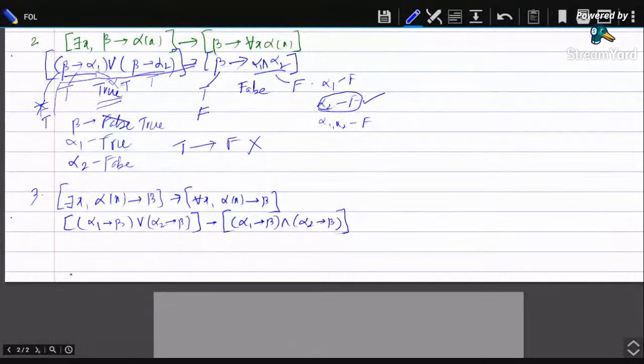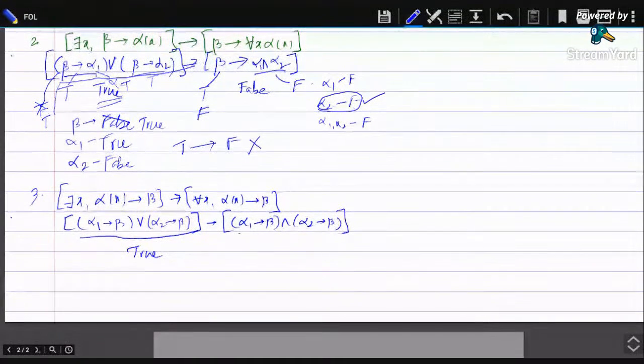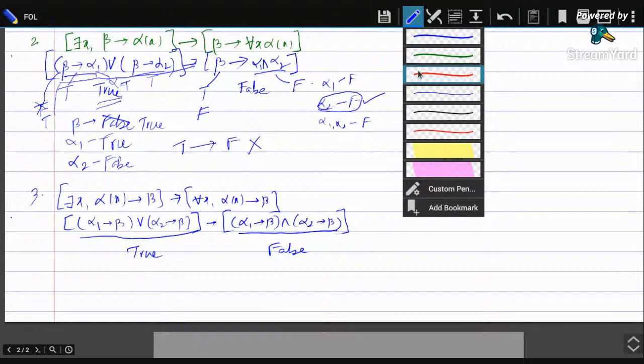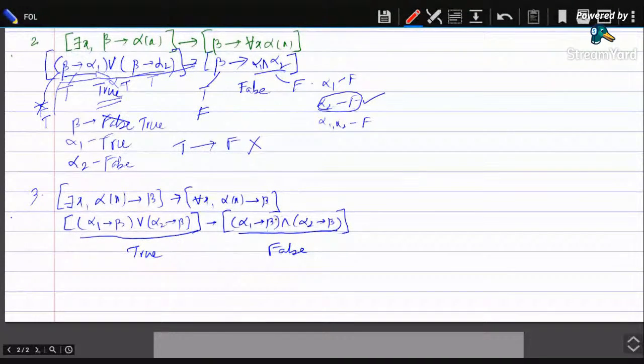Want to disprove this? So ensure that this whole thing is true and this whole thing is false. Done. So how do you make sure that the right hand side is false? Ensure that one of them is false because there is a conjunction here. If one of the two brackets is false, that is done.